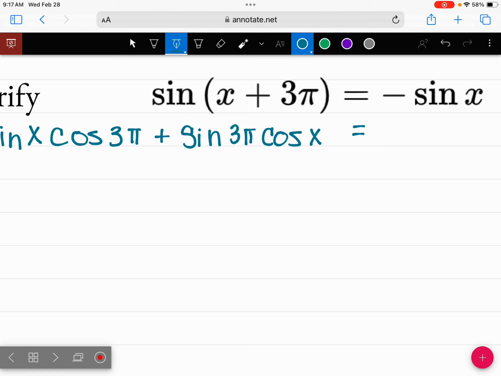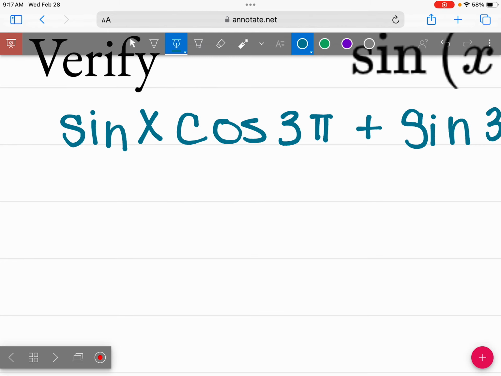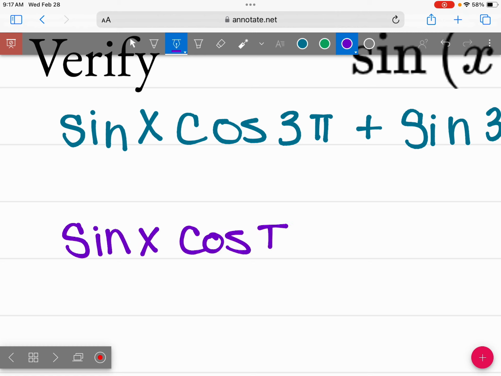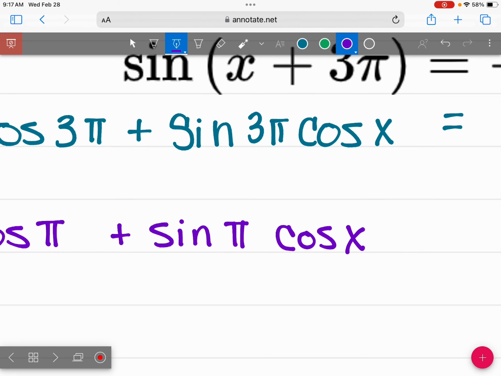3 pi, that's coterminal with what? Pi. So this is the same thing as saying, I'm going to change colors, sine of x cosine pi plus sine of pi cosine of x. Because 3 pi and pi are coterminal.